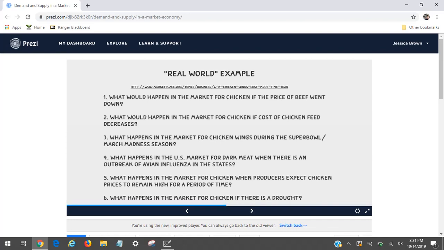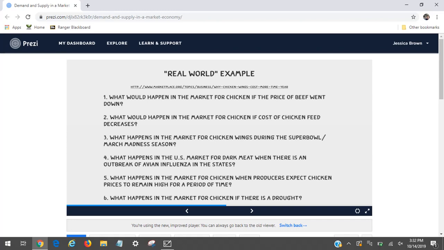And if you go through that Prezi, one of the parts of it is what I called a real world example, and there's a link to an audio clip from the radio, and it has a chicken producer talking about some of the variables, the ceteris paribus factors that affect demand and supply for chicken. And so then I translated some of the audio into specific supply and demand questions, similar to something you might see on a homework or on an exam.